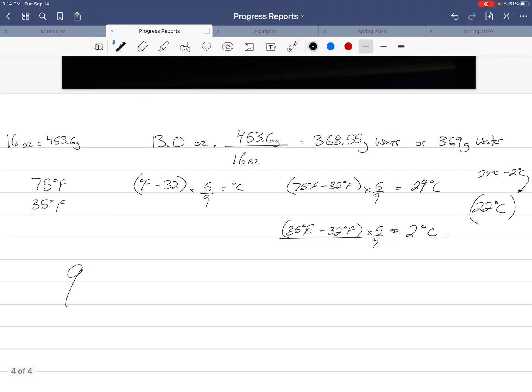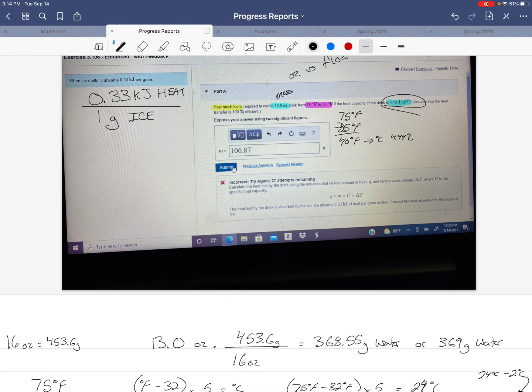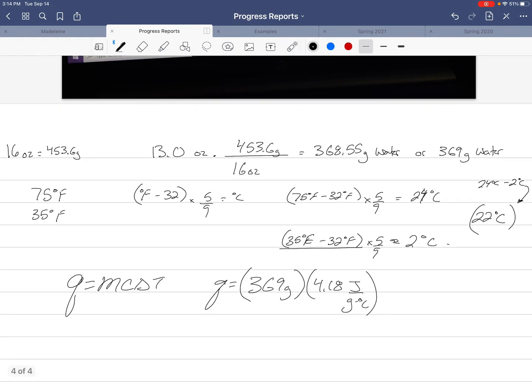So now we can use Q equals mc delta T. The mass was 369 grams. The specific heat is 4.18 joules per gram degrees Celsius. That's from the problem up here, highlighted in blue. And then we have 22 degrees Celsius.